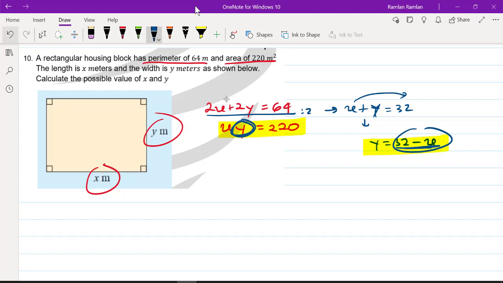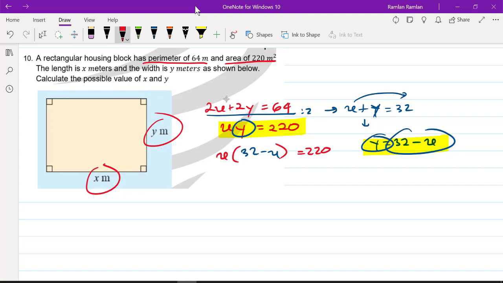So that'll be x bracket 32 minus x, because that is the y, and then equals 220. Now opening the bracket, we'll get 32x, multiplying this and this, minus x squared equals 220.